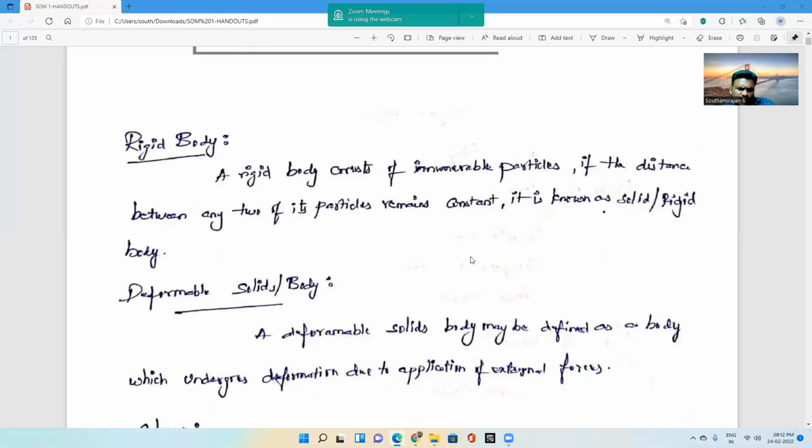As per Newton's third law of motion, every action has an equal and opposite reaction. So within that limit, it will not show any deformation or any changes on the exterior surface. After crossing the limit, it will show certain deformations on the object.